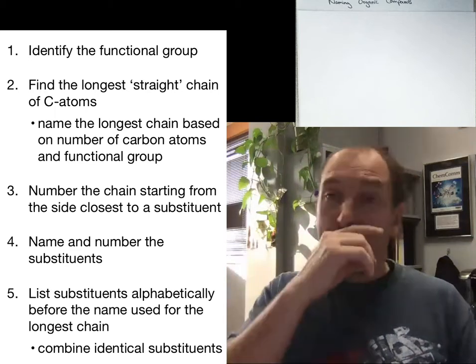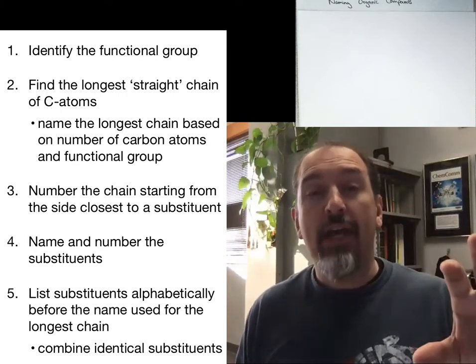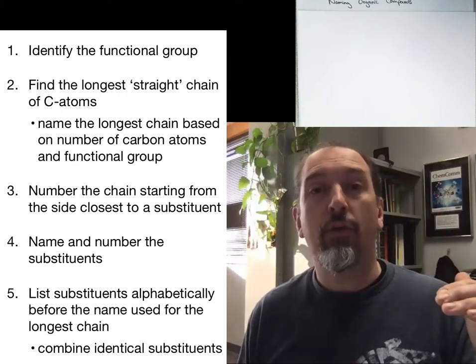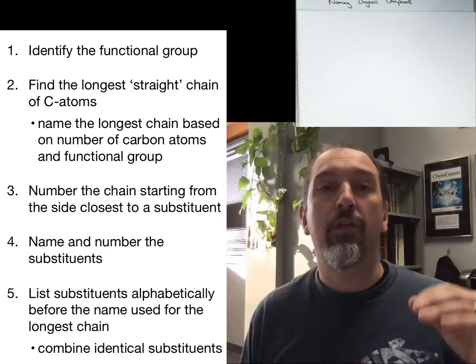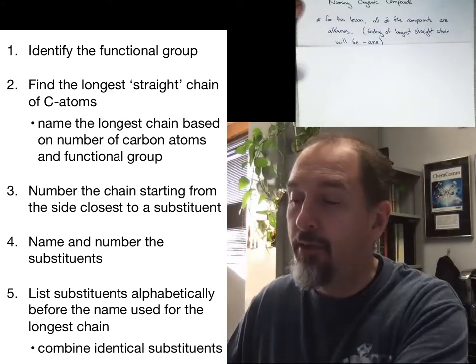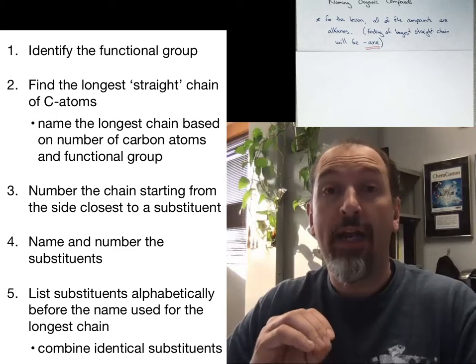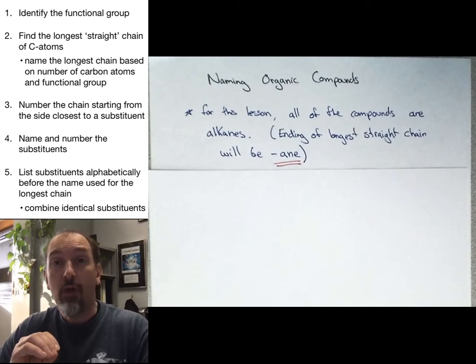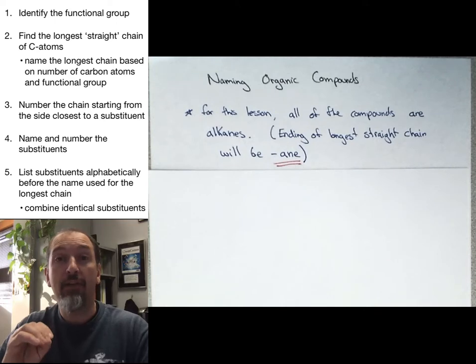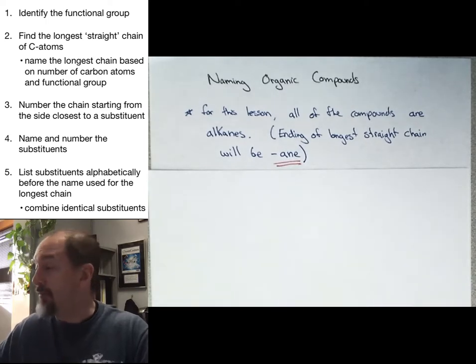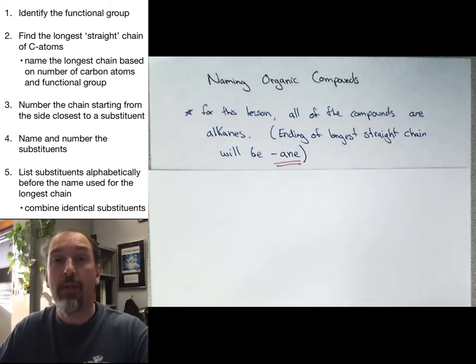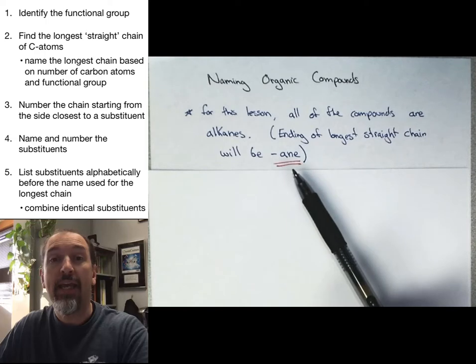If you take a look on the screen, I have a slide up that shows the steps that we're going to go through for each compound that we approach. Now, in this lesson, all of the compounds that we're going to be dealing with are alkanes. If you recall what that means, they're carbon and hydrogen only and carbon-carbon single bonds only. So that means the ending of all of my compounds is going to be ANE.